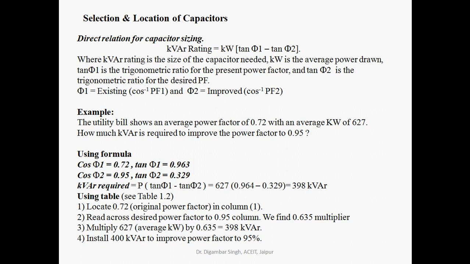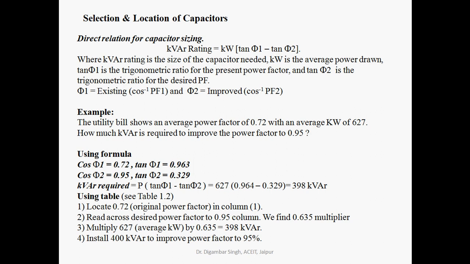Using the formula, cos phi 1 is equal to 0.72, so tan phi 1 is equal to 0.963, and cos phi 2 is equal to 0.95, so tan phi 2 is equal to 0.329.